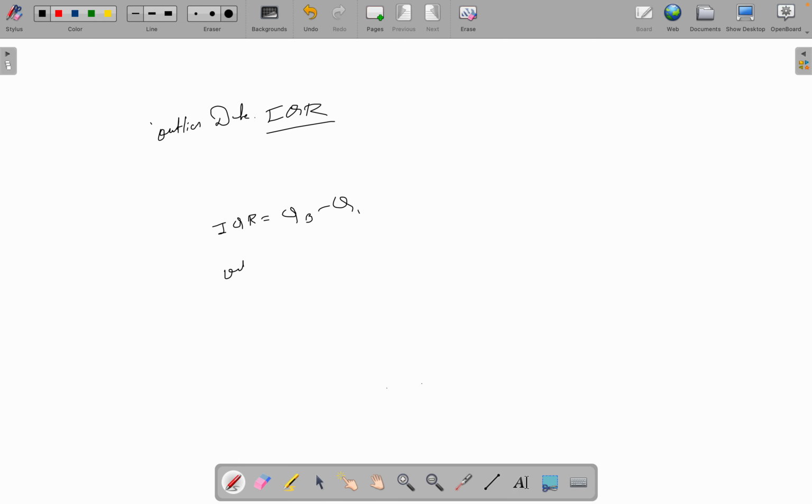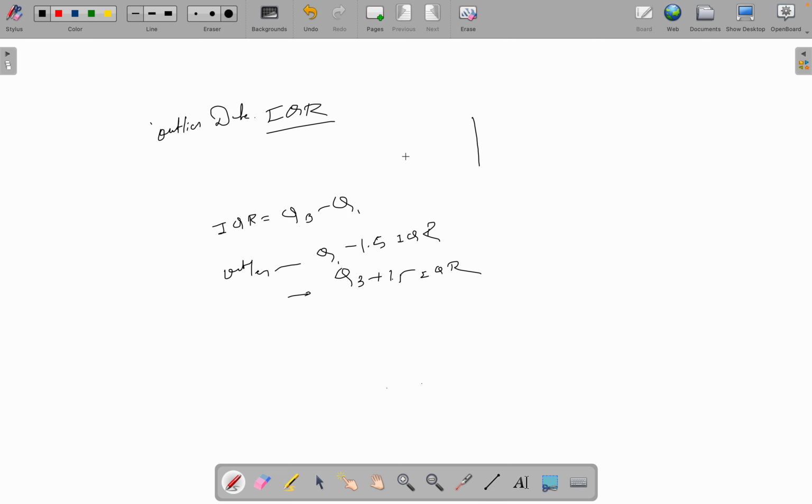So the outlier will be anything below Q1 minus 1.5 IQR and above Q3 plus 1.5 IQR.